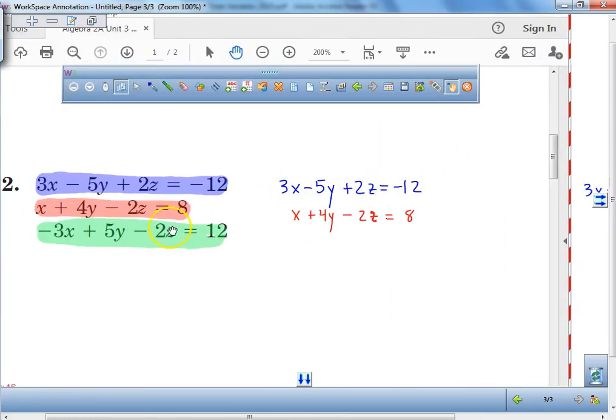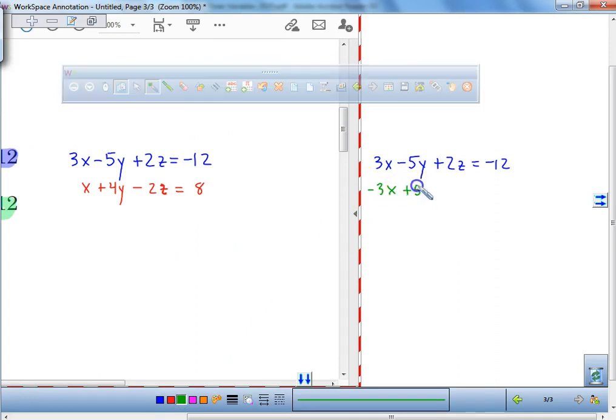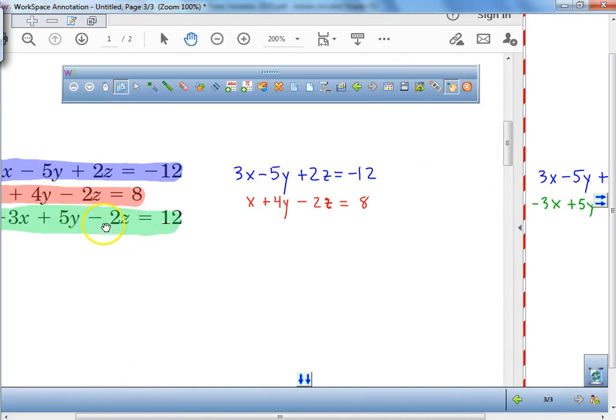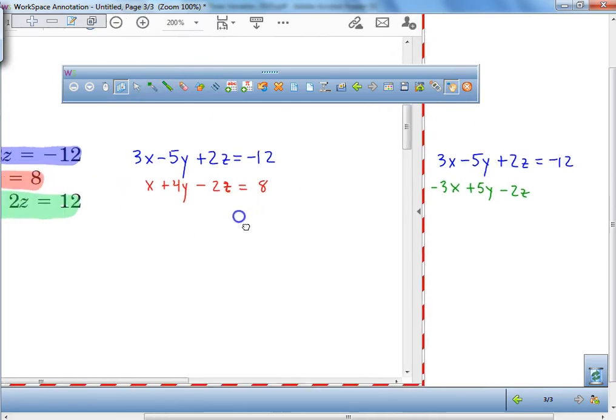I'm going to put it over the third equation, which is negative 3x plus 5y minus 2z equals 12.